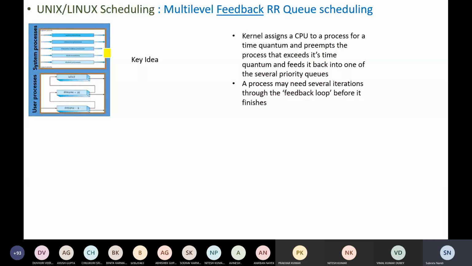This is all the same, no matter what Q level it is. Here there is a clear distinction between the system process and the user process. The system processes will have, as a whole, higher priority compared to any user level process, as you can see here. So priorities are increasing here, and this has higher priority.